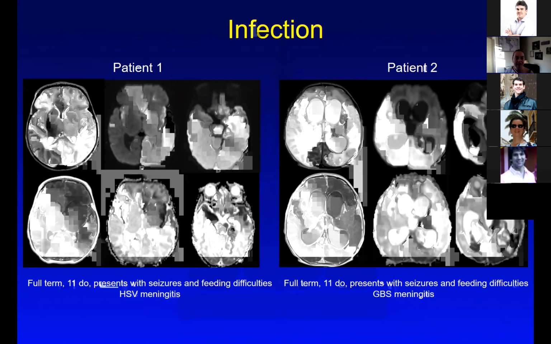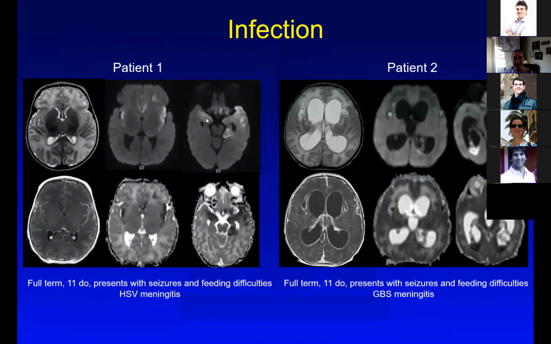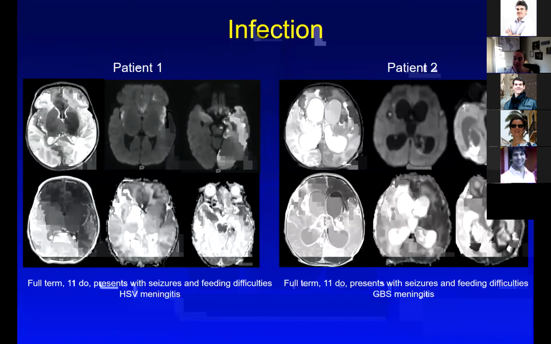The one on the left, as you can see from the diffusion changes, has the typical insular cortex and temporal, mesial temporal and temporal polar restricted diffusion, inferior frontal restricted diffusion, which is pretty much a typical pattern for HSV meningitis.